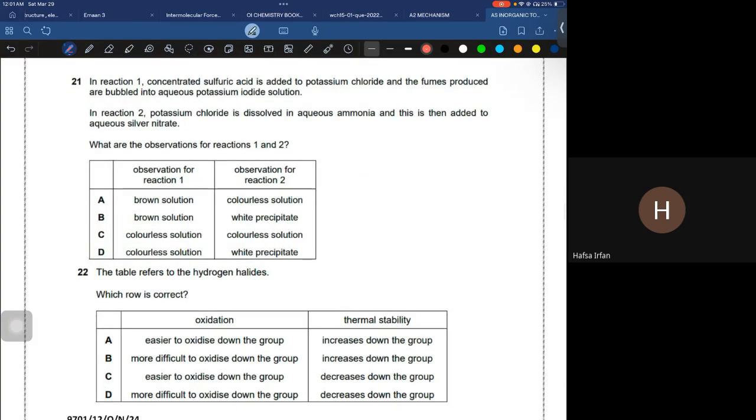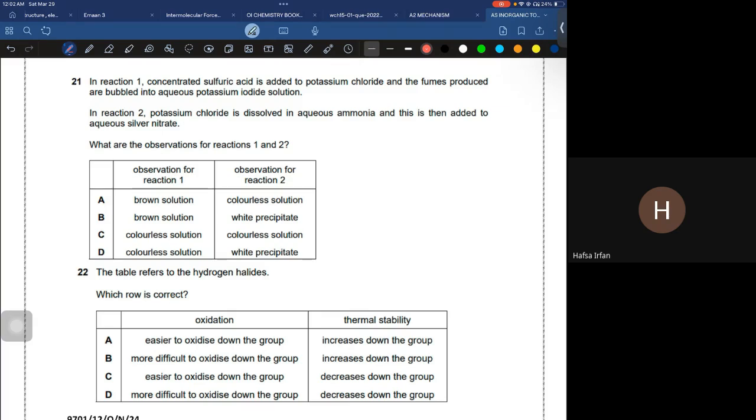Check question number 21. In reaction 1, concentrated sulfuric acid, H2SO4, is added to potassium chloride and the fumes produced are bubbled into aqueous potassium iodide solution.